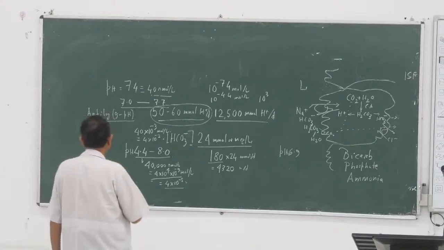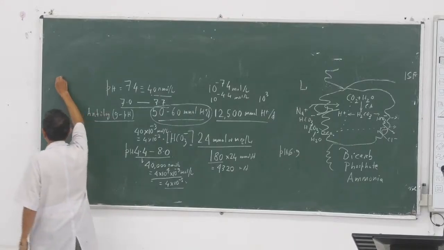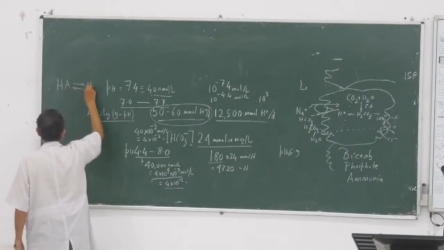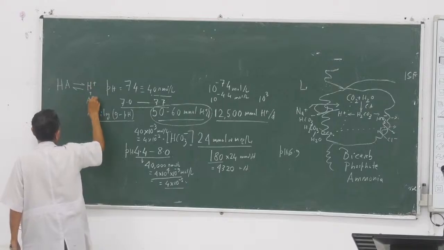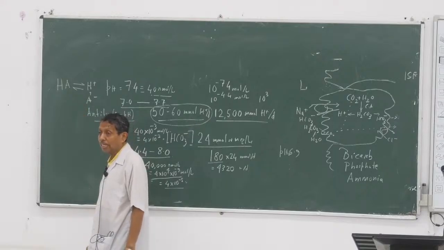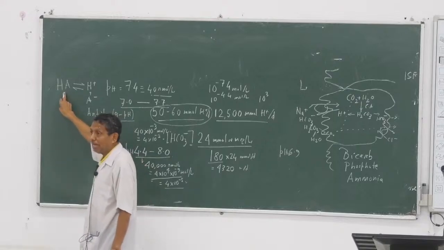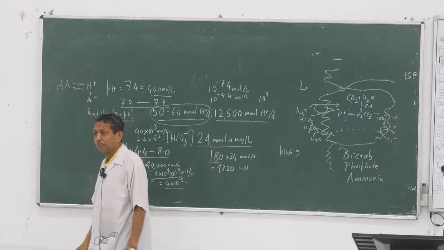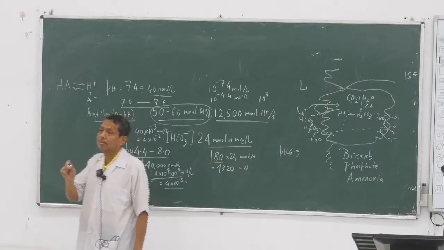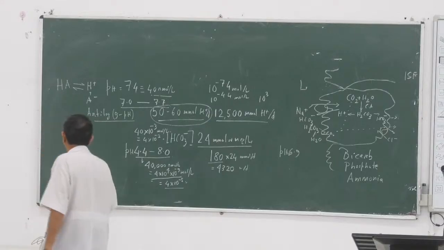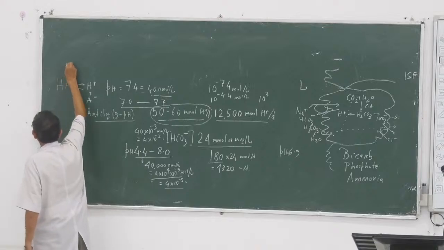Suppose in a buffer of HA, H plus and A minus, in its solution of weak acid, dissociation is incomplete, and so it contains these components: undissociated acid, hydrogen ion, and this anion. They are present. Suppose in this case an alkali is added, alkali is KOH.